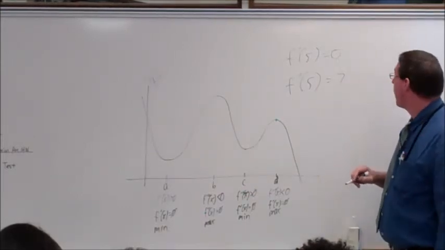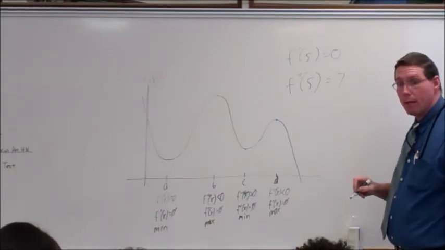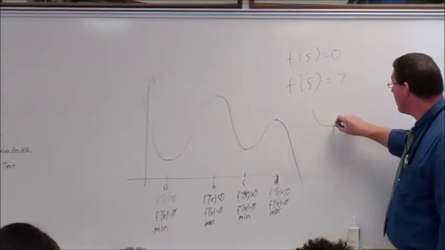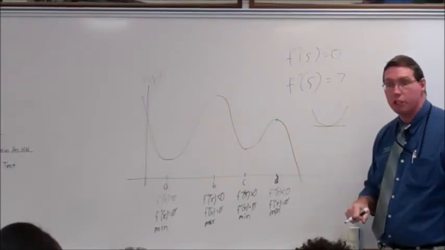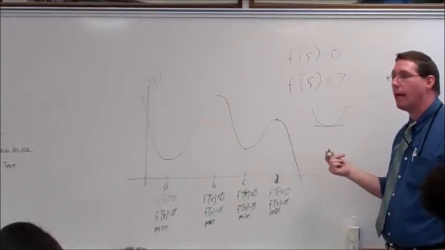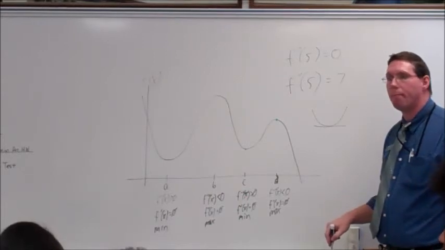Minimum. Why is it a minimum? Because it's greater than 0. Yeah, it means it's concave up. It has this shape. We have a slope of 0 and a concave up shape indicating a minimum.